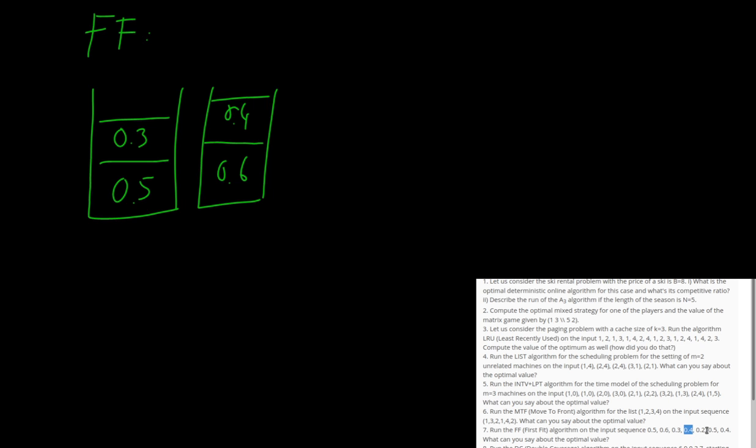This bin is full already. 0.2 gets placed here because it fits, and if it fits, it sits. So 0.5, it needs a new bin. And then 0.4, oh yeah, so it fits here, and you just get the value of 3.